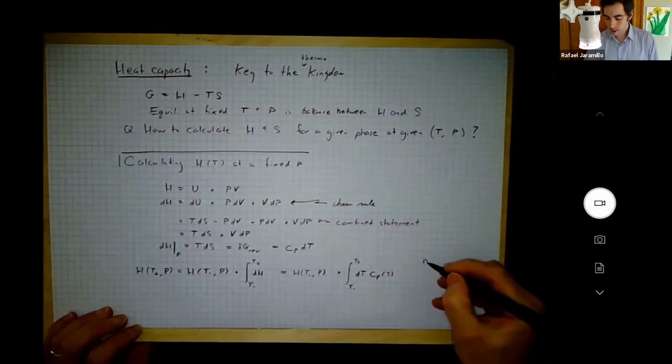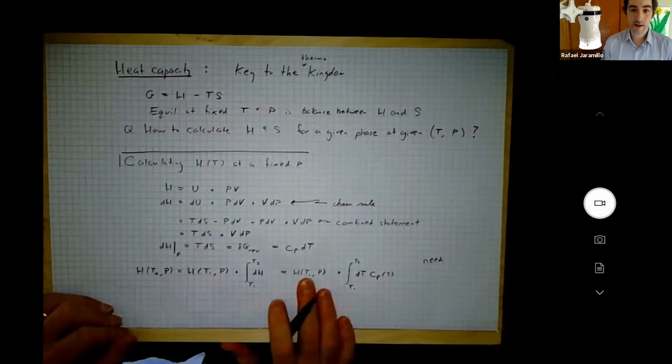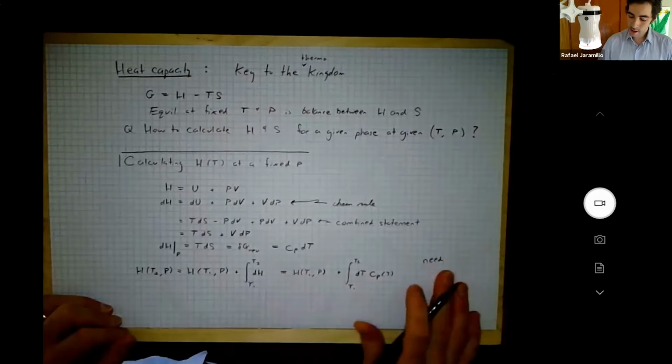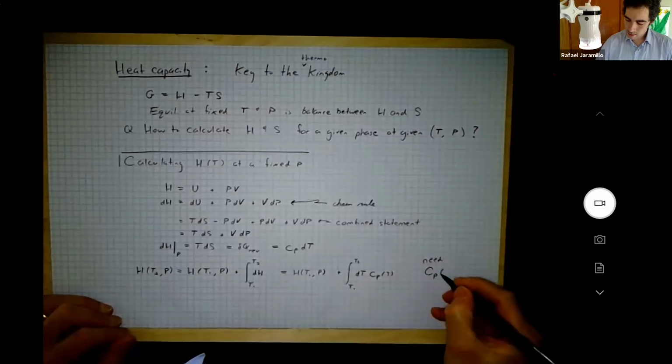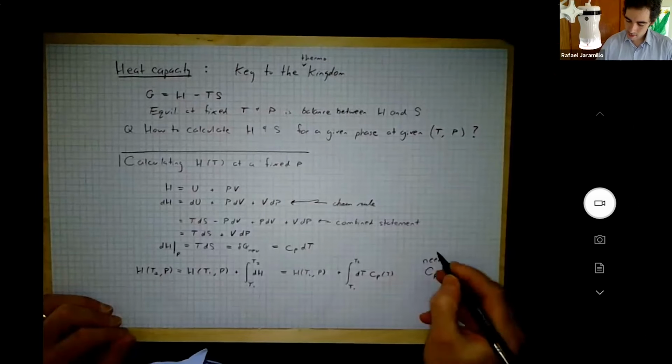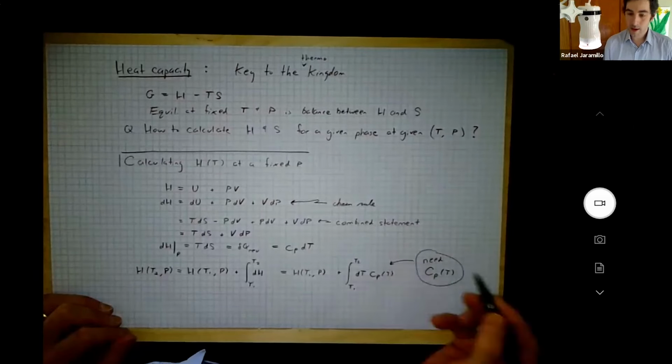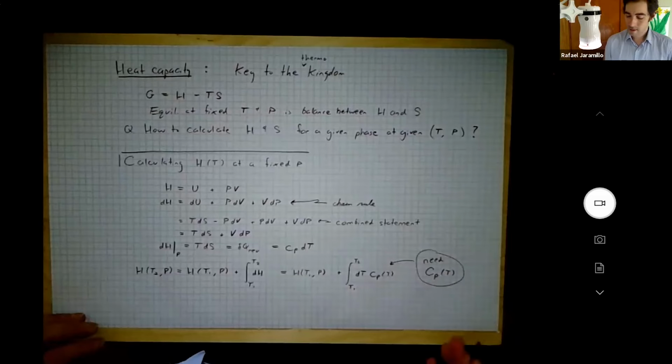So in order to calculate the enthalpy at some other temperature based on reference data, the enthalpy at, let's say, a reference temperature, we need this heat capacity data, which in general is temperature dependent. So there's data we need.